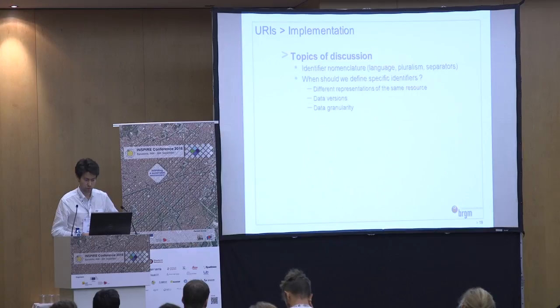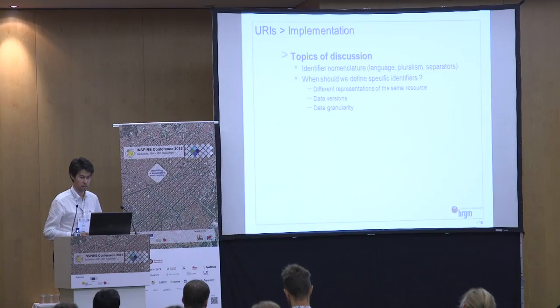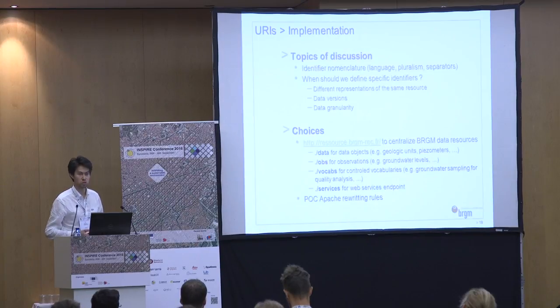We also have to define specific identifiers. For example, if we have some data which are basically based on the same concept but in different formats, should we have one identifier per format, or can we use the same identifier and specify a format after that? We also had discussion about data version, also data granularity. Finally, we made some choices.